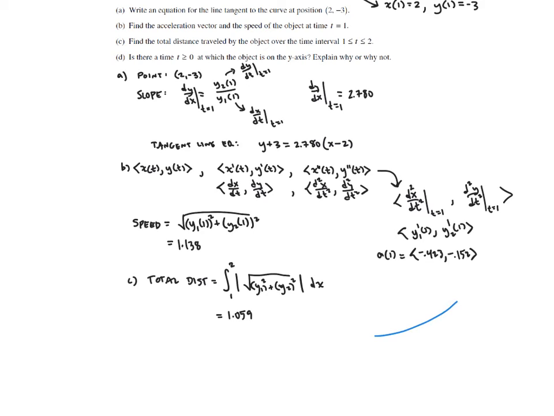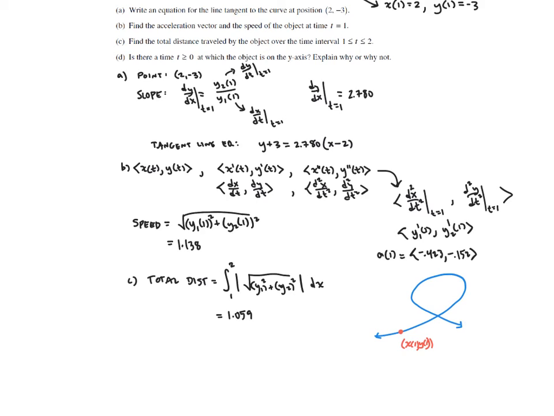Okay, so just so you know, total distance traveled on a parametric function. All right, let's say the parametric looks like this. All right, and let's say time t equals 1 is located here. So this point is t equals 1, or excuse me, I don't know what the x and y values would be. This would be x of 1 and y of 1.